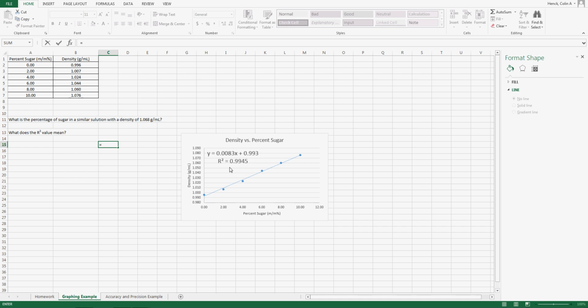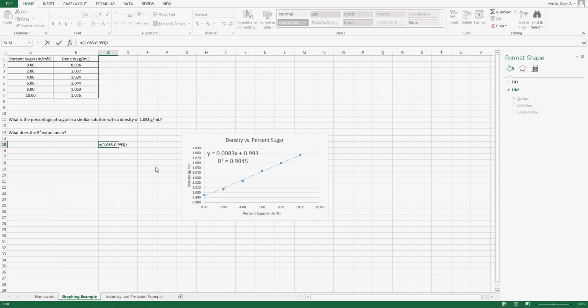Now we want to take our y value, which is 1.068, this value here, and it is going to need to be in parentheses, because the first thing we want to do is subtract 0.993. Now we want to divide both sides by the slope, 0.0083.